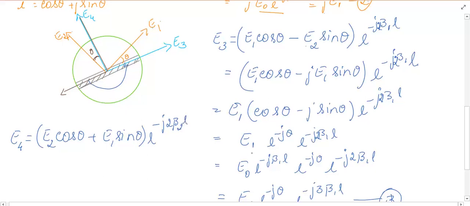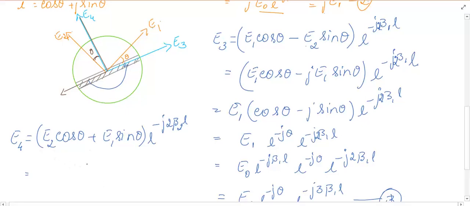For the first term, the phase shift we are considering is beta 1. For the second, we are considering beta 2. In the previous case it was only beta 1L and beta 2L. Here it is 2 times, since the length is double that of the first one.